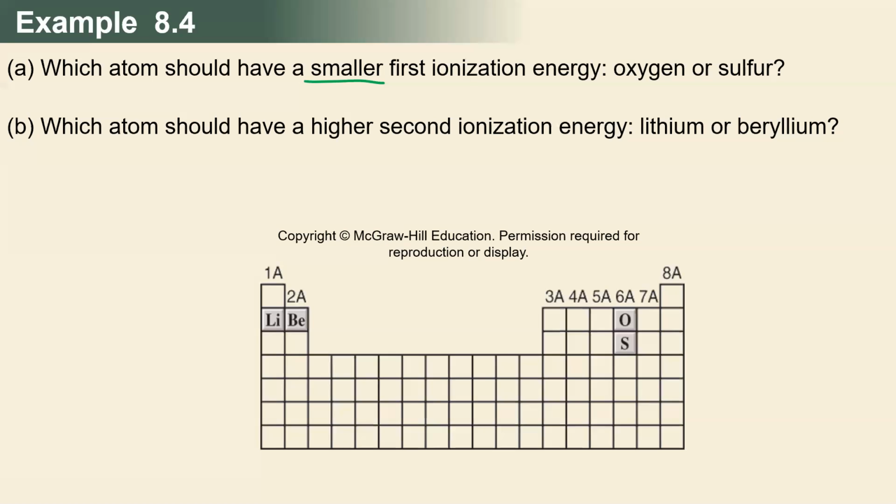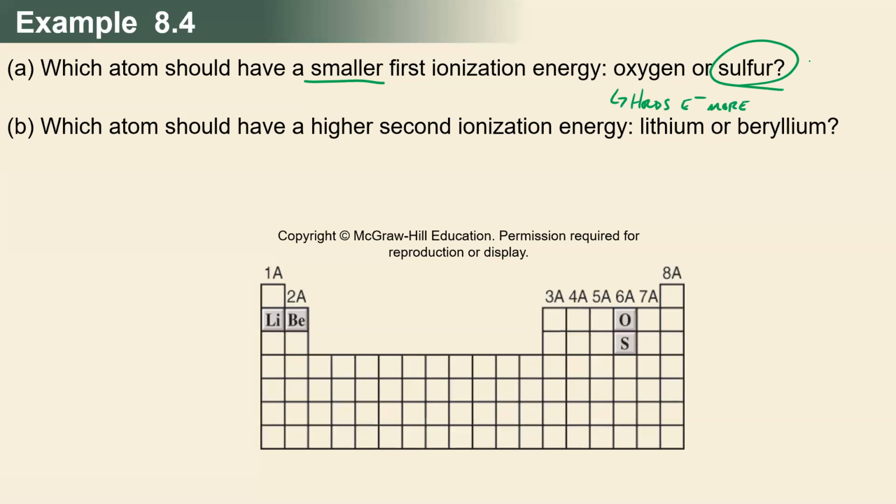So the question really is, which of these two holds on to their electrons tighter, oxygen or sulfur? Sulfur. So maybe I worded the question funny. Oxygen holds on tighter, which means sulfur is going to have a smaller first ionization energy. So sulfur is the right answer.